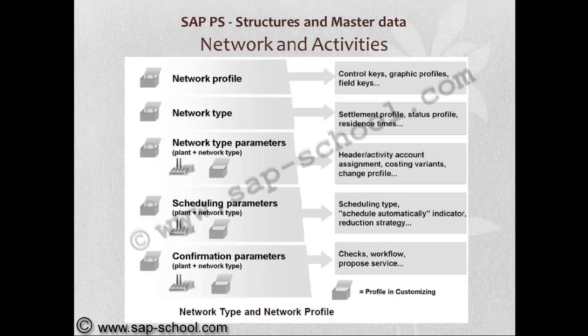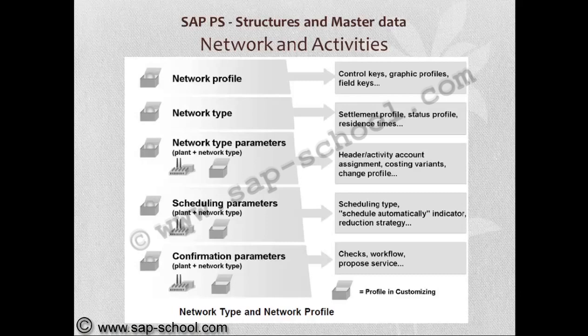So here the network profile contains the data of control keys, graphic profiles, field keys, etc. Whereas network type contains segment profiles, status profile, residence times.